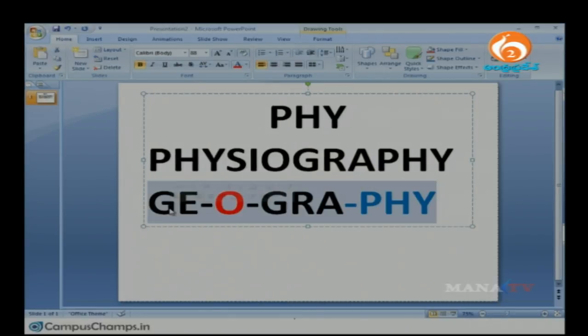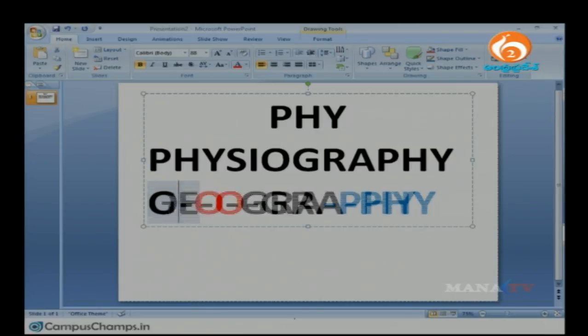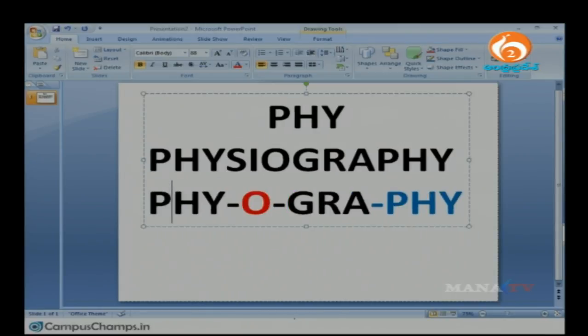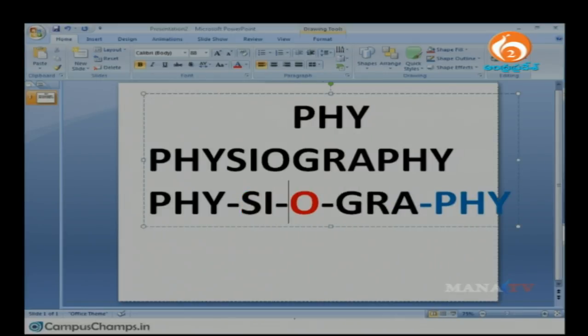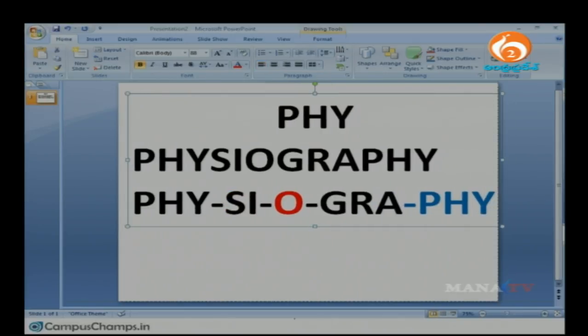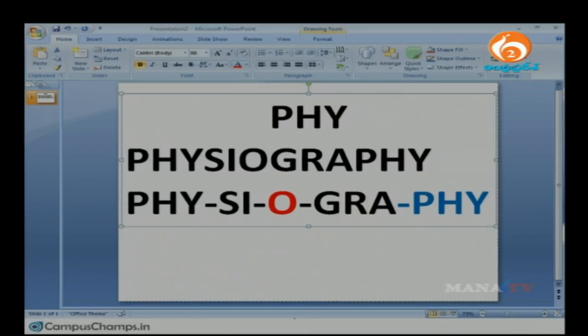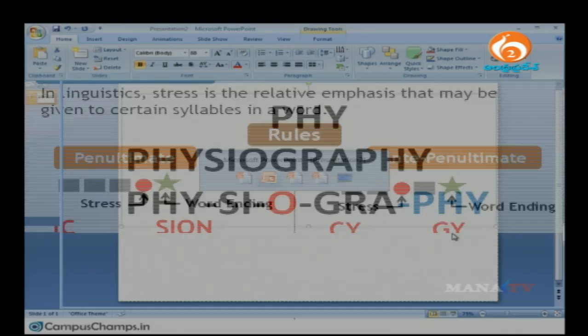Let me break it. Geography. Even then, my stress will be on O because that is the third last syllable in the list. So physiography. All right. Next, GY.